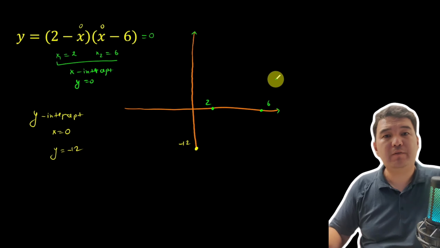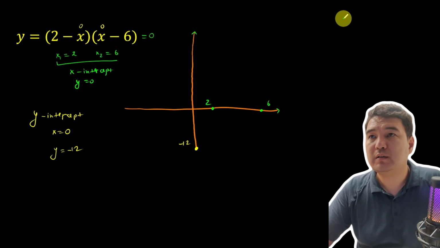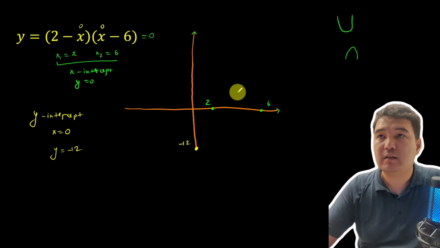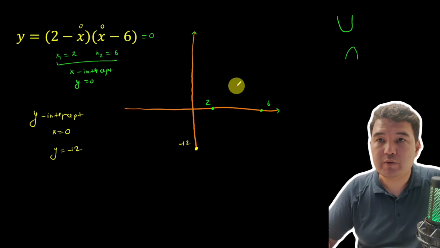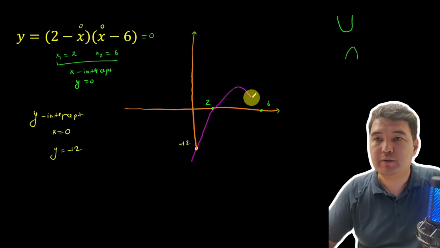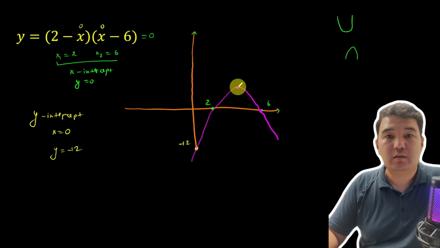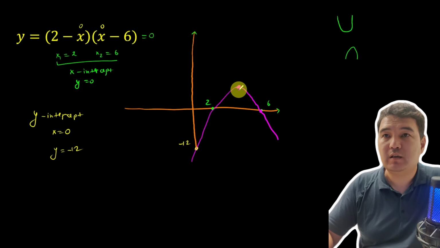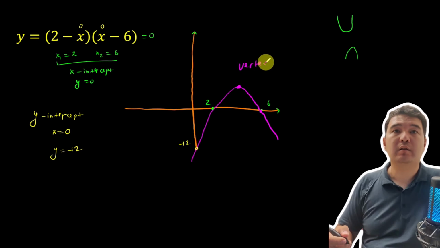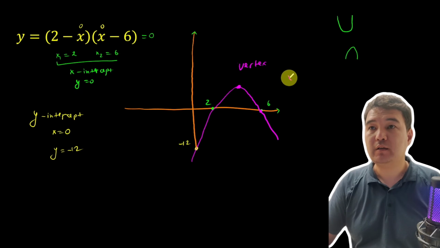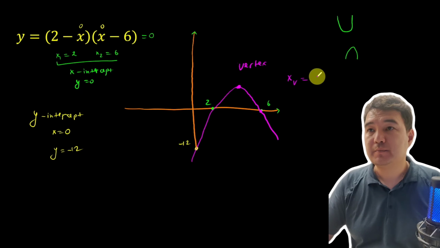So if you want to draw the parabola, it is going to be either facing upwards or downwards. In this case, it looks like it will be facing downwards and passing through these 3 points. It's also important to find the coordinates of this point, which is the vertex of the parabola. The formula for the x coordinate of the vertex, xv, is minus b over 2a.